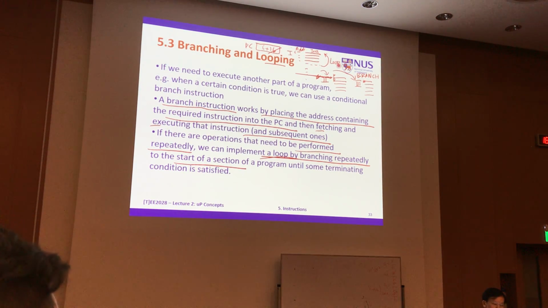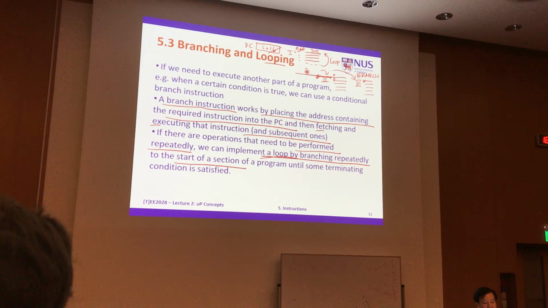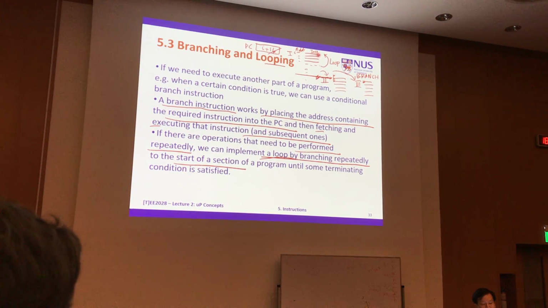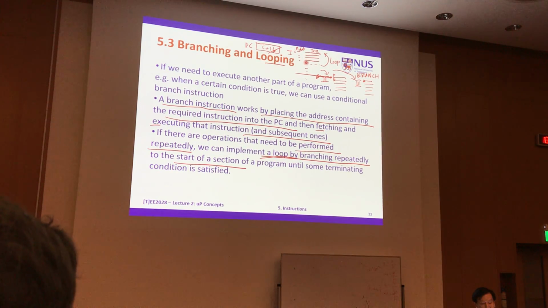So sequentially, if you don't do anything, it will run sequentially. But if you want to do a loop, very easily, when you reach the end here, you replace the program counter value with this address, and then you will go and fetch this instruction again. After that, if you don't do anything, it will by default go to the next one, and the next one, and so on. You can repeat this many times, and that's how a loop happens.